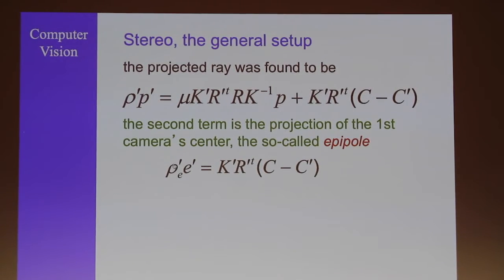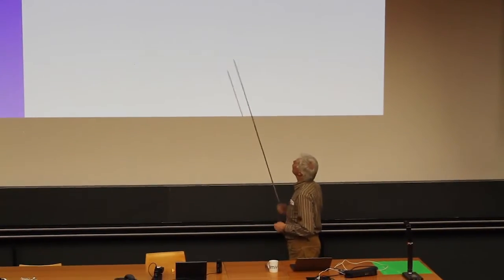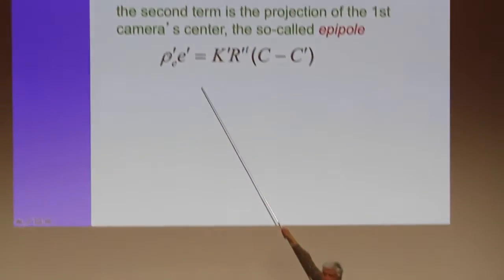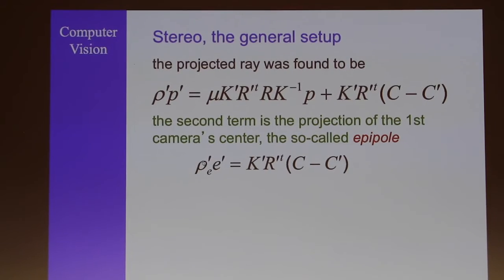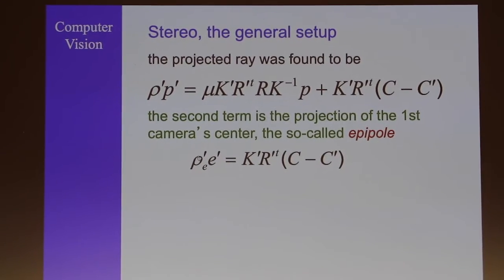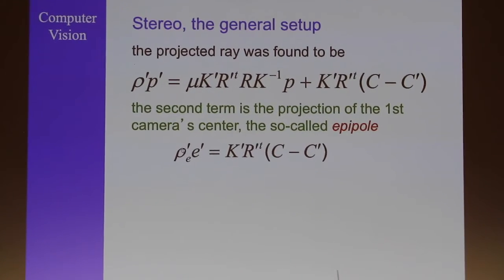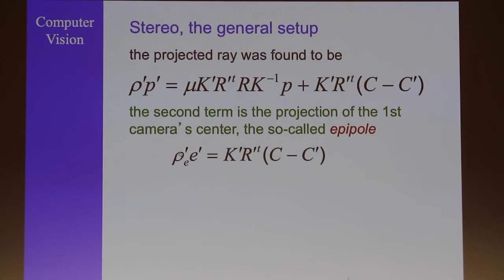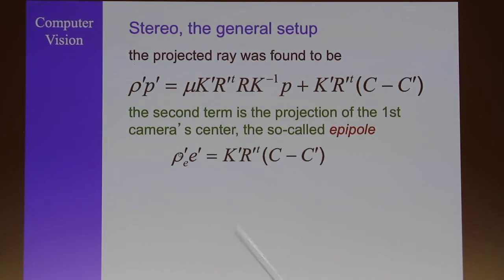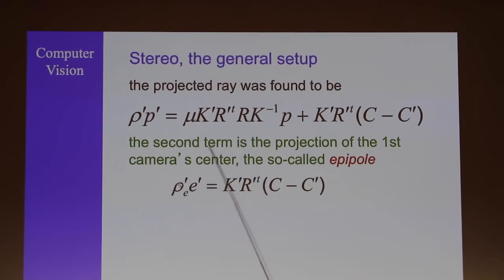Or in other words, it's where the second camera sees the center of projection of the first camera. We call that the epipole, e prime. So this is an equation for where the second camera sees the center of projection of the first. The epipole, an important concept in stereo. Now we are left with the first term and what that may mean.